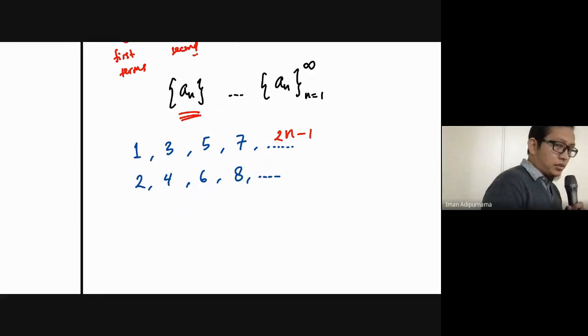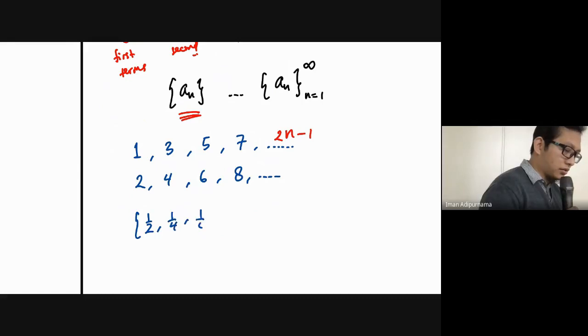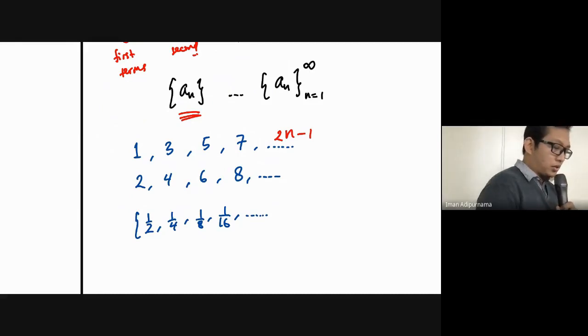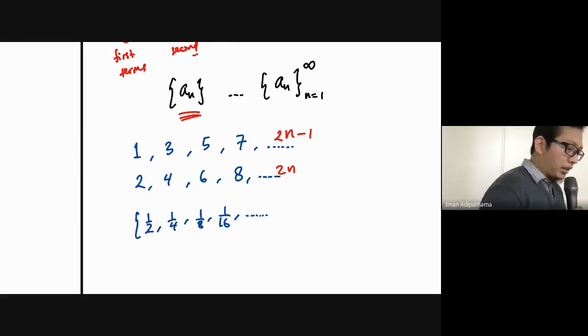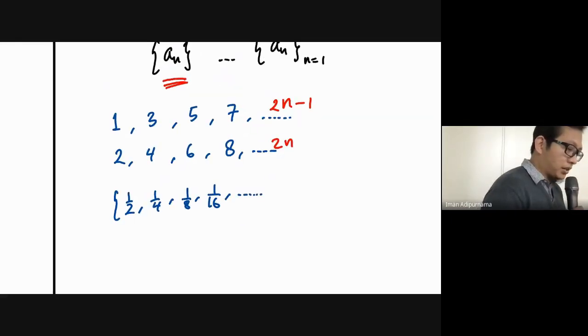Or even when you have fractions in your sequence, for example, half, this is usually 2n, right? And for the fractions here, the only thing that matters is the bottom one.